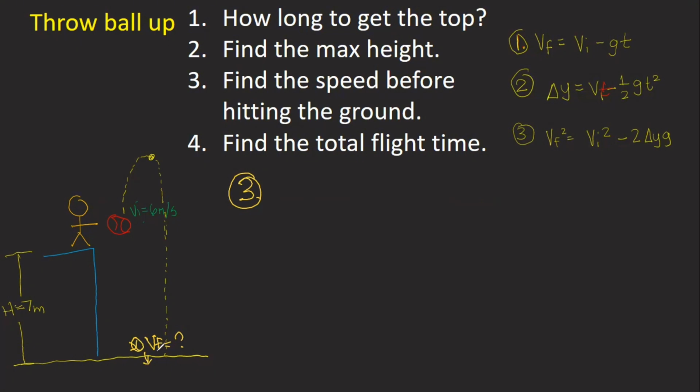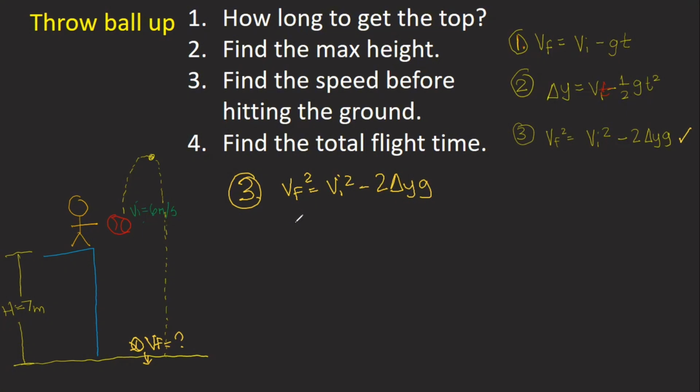Knowing all the information that we already know, we can now solve for the final velocity using the third kinematic equation. So v final squared is equal to v initial squared minus 2 change in y over g.